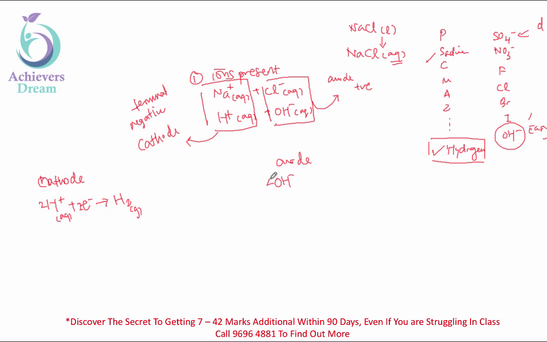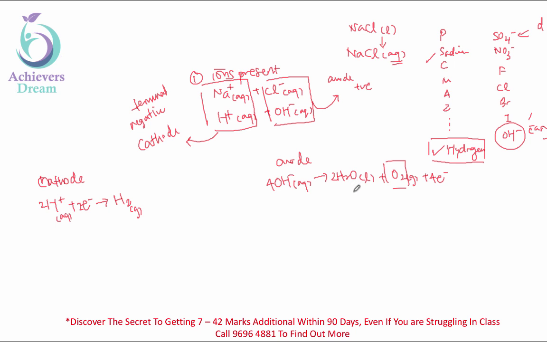This is a formula that you have to learn: 4OH minus gives 2H2O liquid plus O2 gas plus 4e minus. You talk about the oxygen that's released over here. Right now you can see that H plus ions are displaced, and OH minus is also displaced.